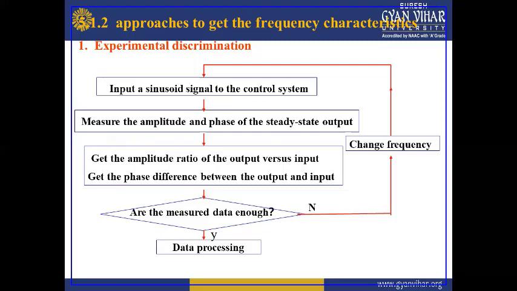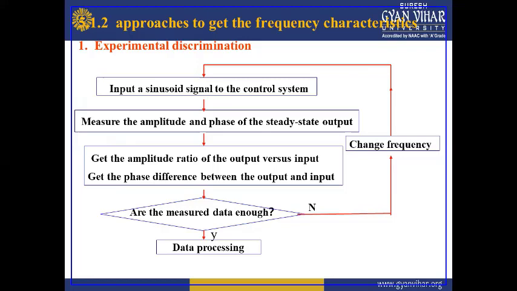Then we will calculate or measure the amplitude and phase of the steady state output, and get the ratio of the amplitude of the output versus the input, and also the phase difference between the output and input.